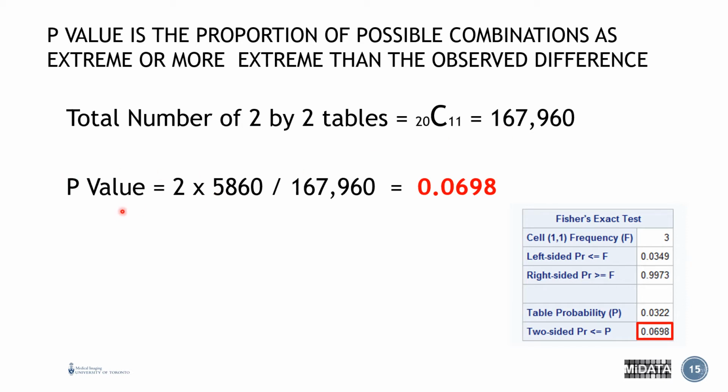Then to get the p-value, we simply take 2 times 5860. You remember that 5860 was the total from the previous slide. We take it 2 times because of the two-tailed p-value divided by the total number of combinations, and we get a p-value of 0.0698, which you'll remember was reported under the Fisher's exact test for two-sided probability in your output.